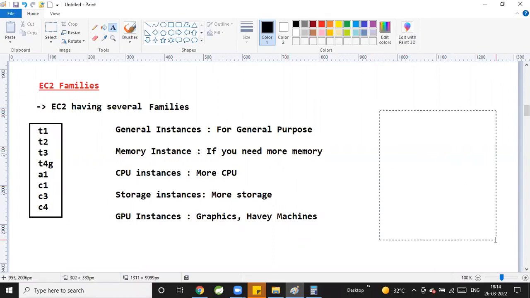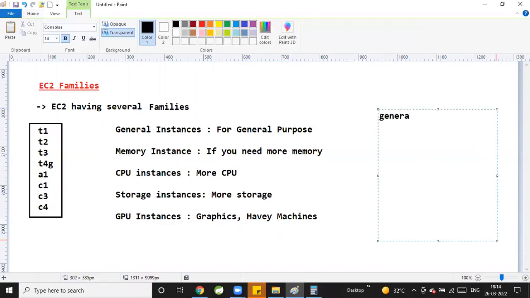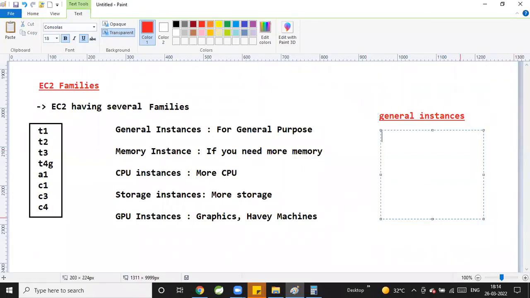Now, when it comes to general instances, what are the general instances available, guys? T2.nano is available. Then T2.micro is available.